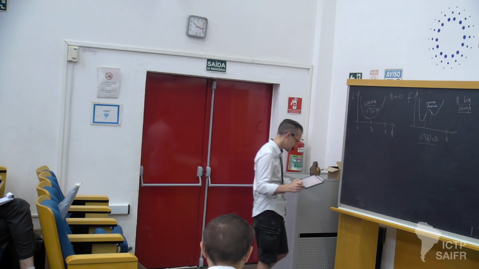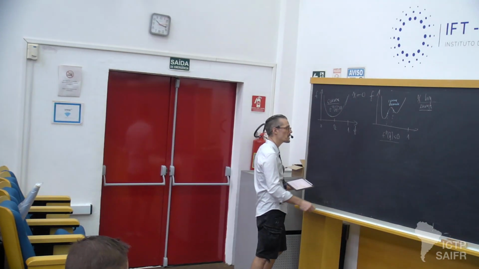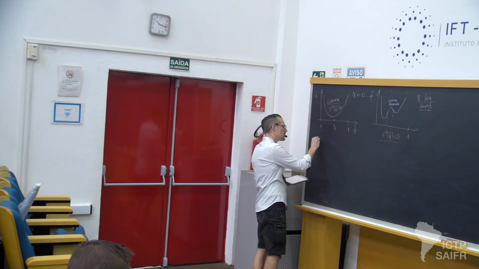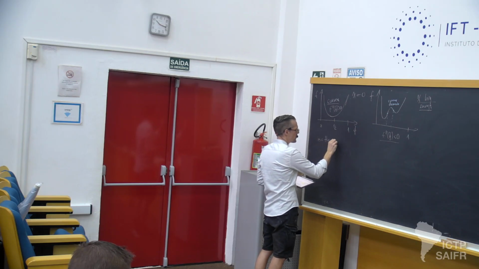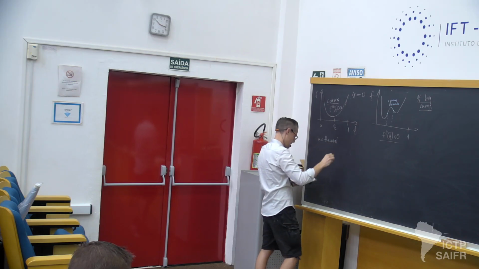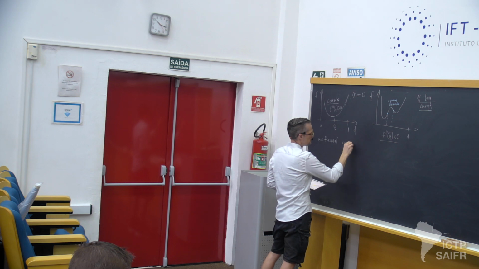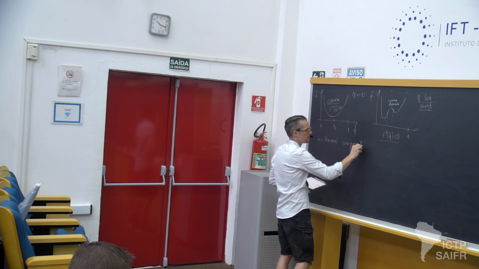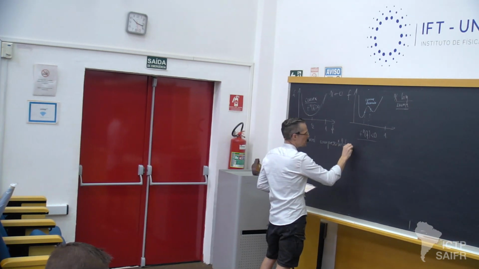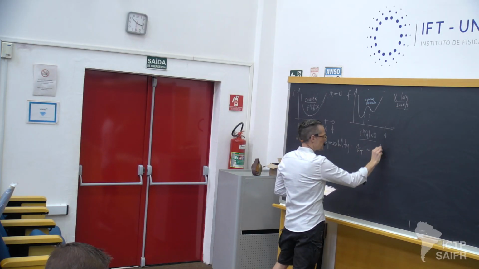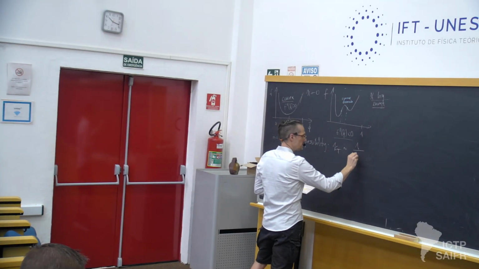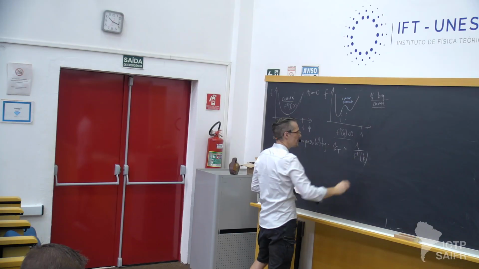And stability is always hooked up with a response function. In that case, it is the isothermal compressibility, typically called kappa T. You can actually calculate that this is 1 over f prime prime.